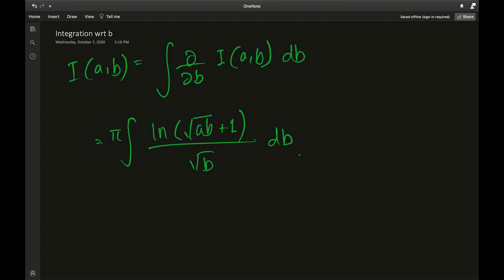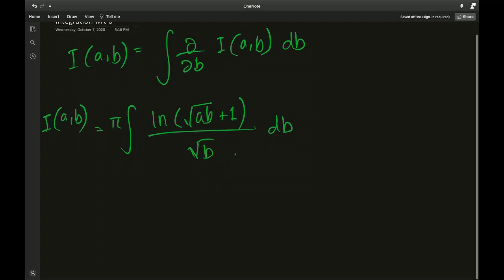Okay, so as I promised, this is the expression that we need to find in order to get I of AB. Now you might want to try some substitution, but believe me, that's not a good idea here. Let's try integration by parts instead, the good old integration by parts, where we will always differentiate the natural log expression.